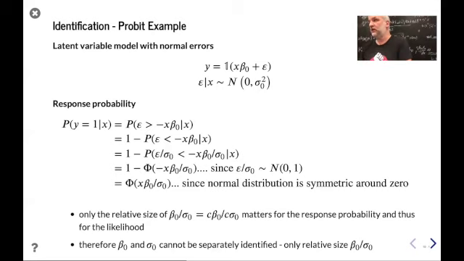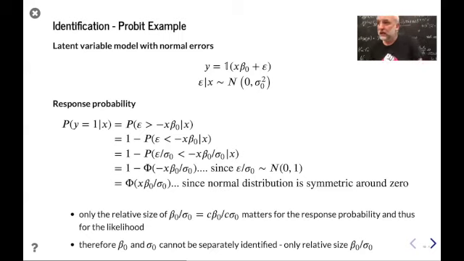and the variance. It doesn't really matter that much because in the end, all we're really interested in is the response probability. And since the response probability is really indexed by beta divided by sigma, that's really all we care about estimating. So this is just a normalization. It's without loss of generality that you have to make this assumption. Okay. But it's really important to keep in mind that you can't really estimate both things.